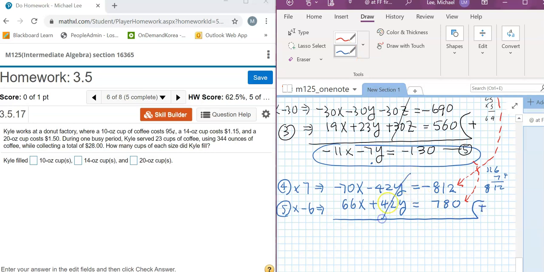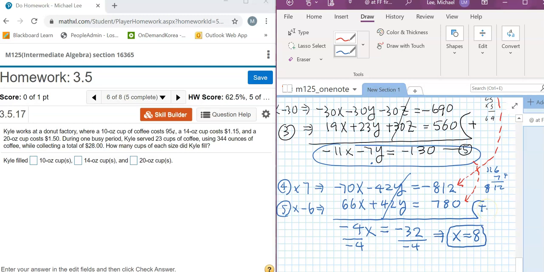So they get canceled. Negative 4x equal to negative 32, isn't it? Okay. So divide by negative 4. X equal 8.